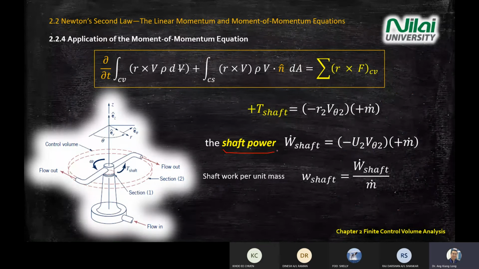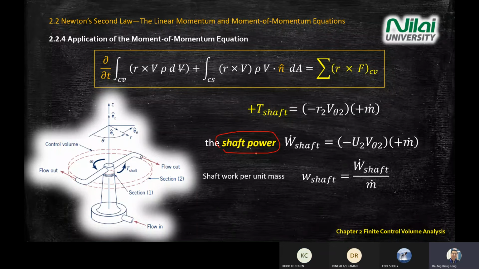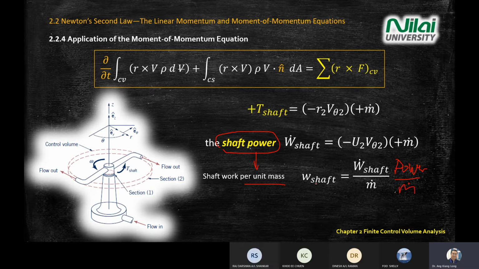Another one, after you calculate power, the question will continue to ask you to find work per unit mass. You find work per unit mass by taking power divided by mass flow rate, m dot. You get work per unit mass.